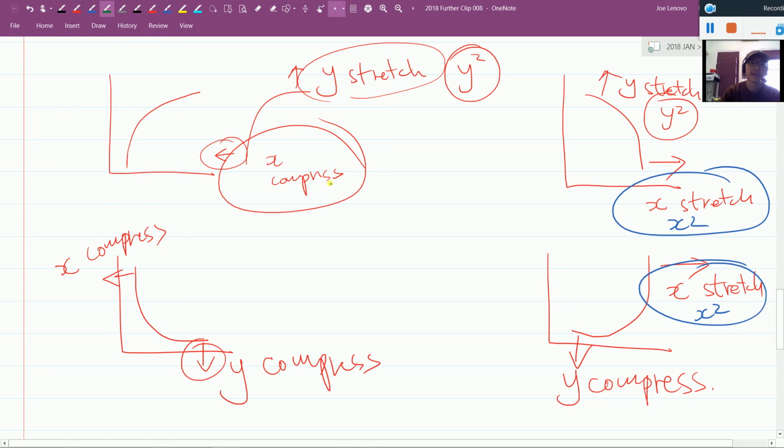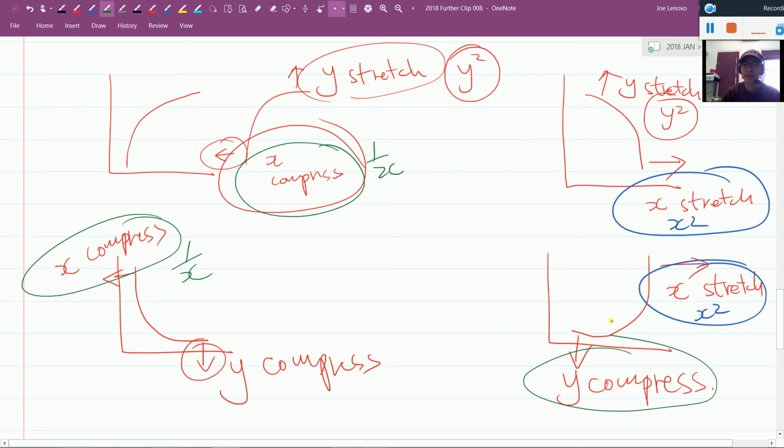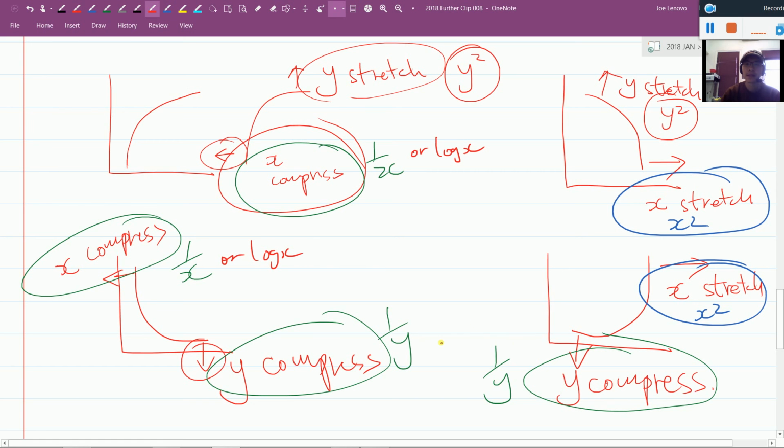Then once we find the x compress, 1 over x, and y compress, 1 over y. There are two options for compress: either 1 over x or log x, and 1 over y or log y.